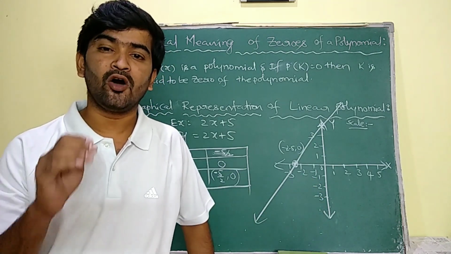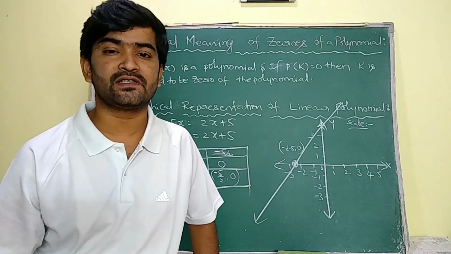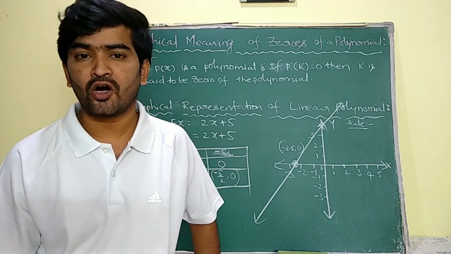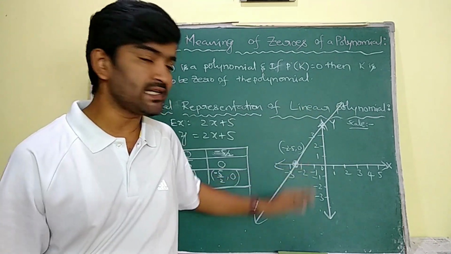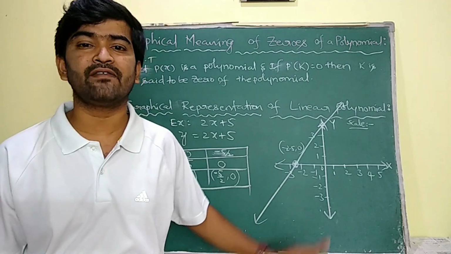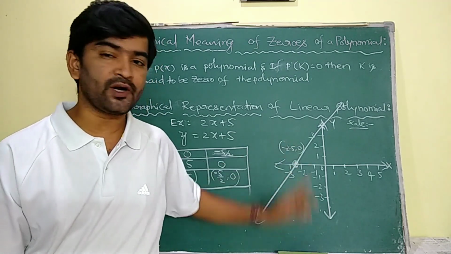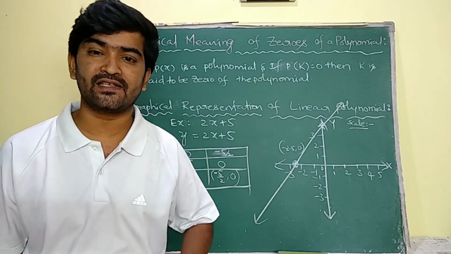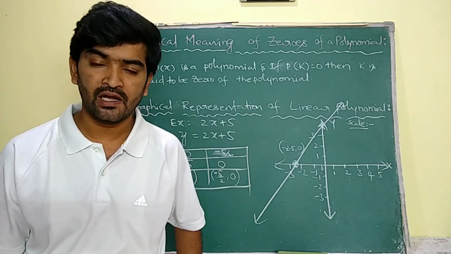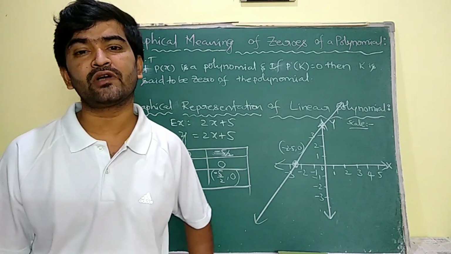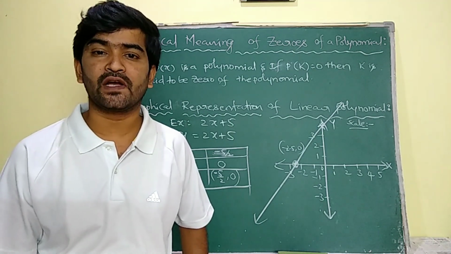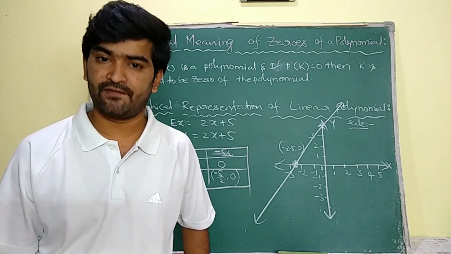So at how many points the graph touches the x-axis, we have to count. This graph touches the x-axis at 1 point only, so it has 1 zero. That zero is -2.5. The value of x there is known as the zero of the polynomial. In this way we calculate the zeros of the given polynomial graphically.